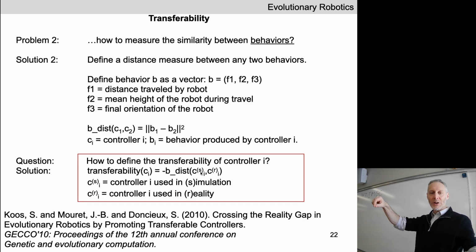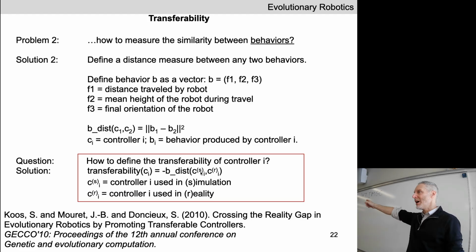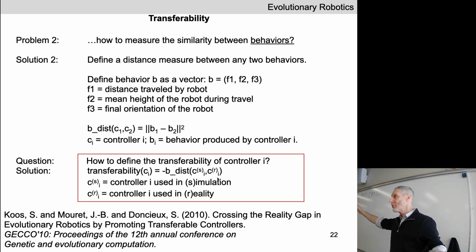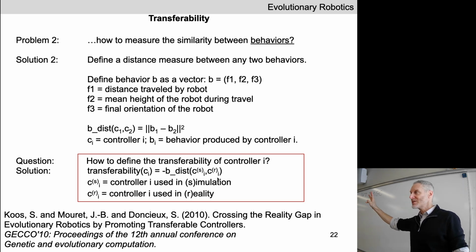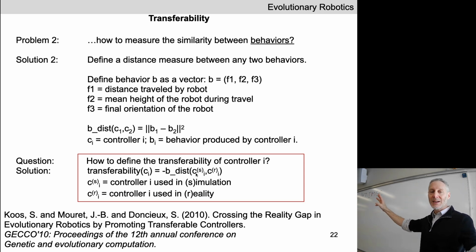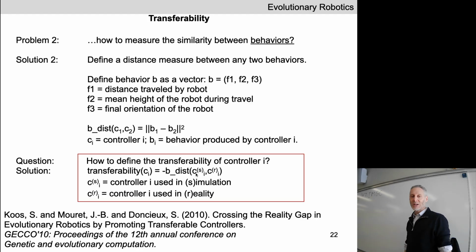Then take controller I, send it to the real robot, have the real robot be controlled by controller I, compute the behavioral features from reality, and you've got another set of 3 numbers. You take the distance between those, and in this case, they just took the negative of the difference between those 2 vectors and defined that as transferability. Why take the negative? Why invert this number?